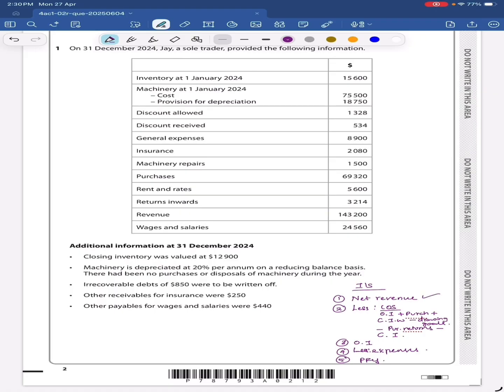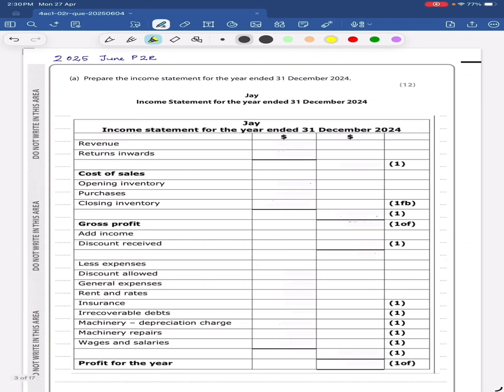Let's look for revenue in the question. As you can see here, we have the revenue of 143,200, and there is a return inwards of 3,214. There isn't any additional information related to revenue and return inwards.